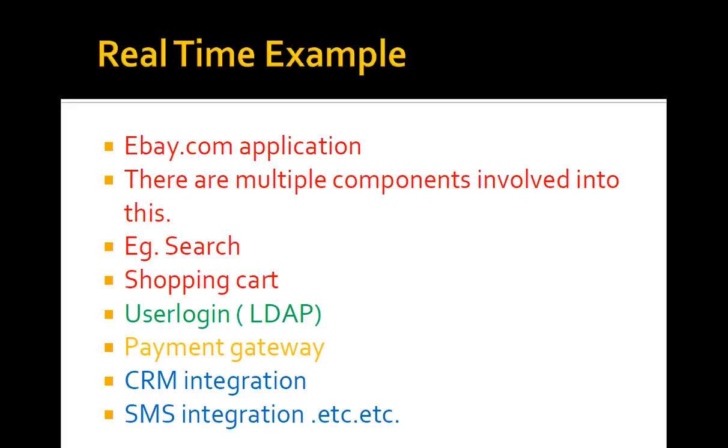The same way, any Java program nowadays requires a similar kind of services. A very common service that we see is the JDBC service: how to connect to a database, how to handle the connection, what if the connection is terminated. Those things are handled by the application server.